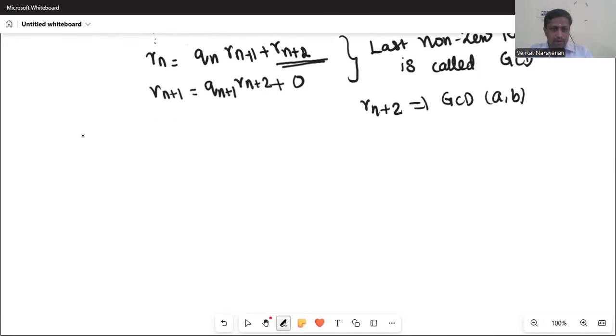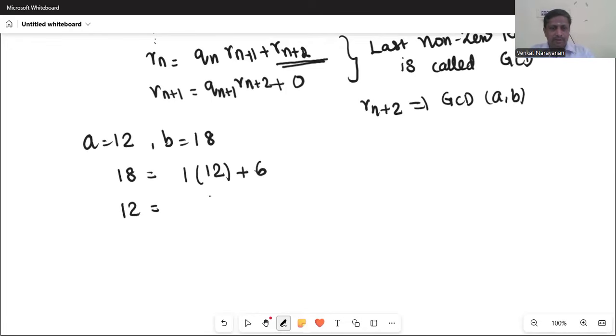Suppose we consider A equal to 12 and B equal to 18. Now I divide 18 by 12. What is the quotient? The quotient is 1 plus the remainder 6. Next, this 12 is divided by 6.